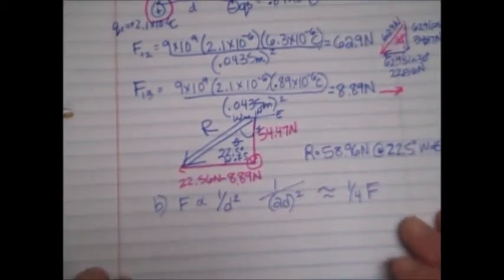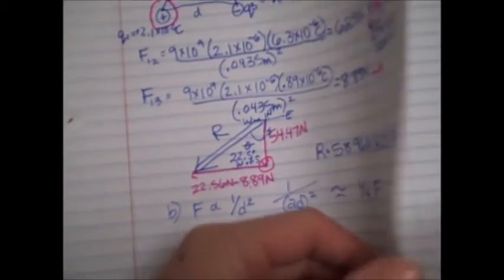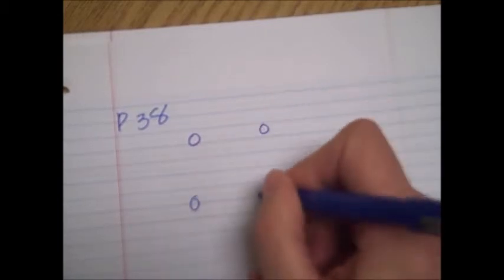The next question I would like to do is problem 38. Use a fresh sheet. In number 38, you've got a point charge at each corner of positive 4.7 times 10 to the minus 6 coulombs.